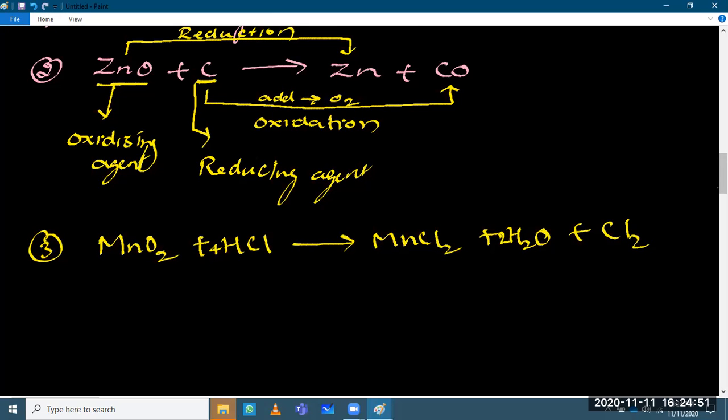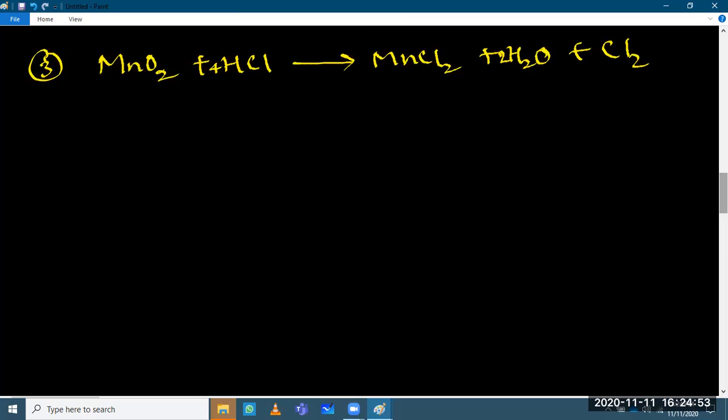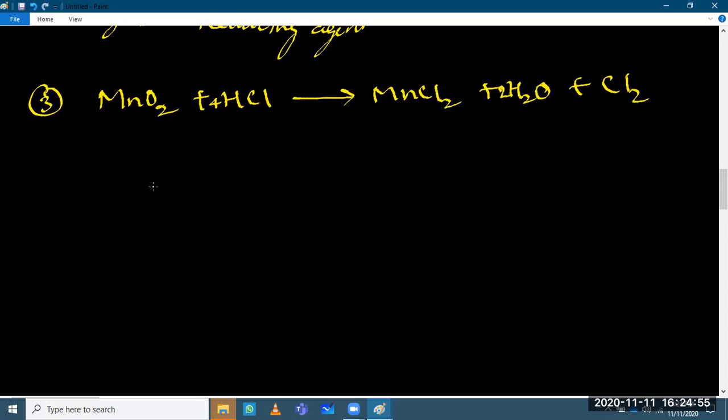Remember, both oxidizing agents and reducing agents can always be found on the reactant side only. The substance which undergoes oxidation is called a reducing agent. The substance which undergoes reduction is called an oxidizing agent. For example, HCl is there. Look here.